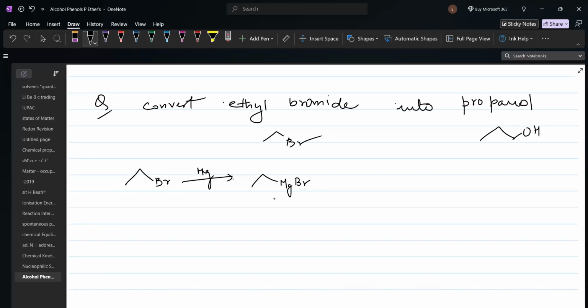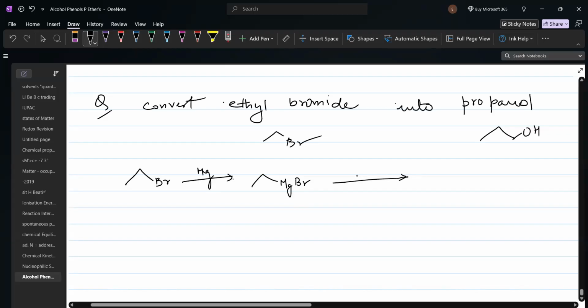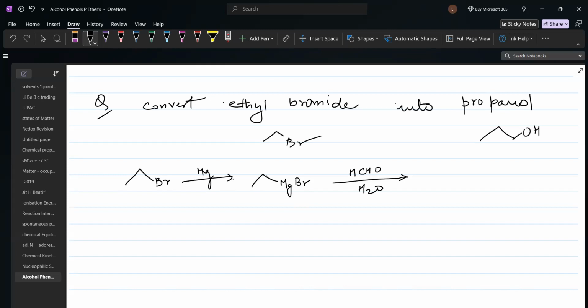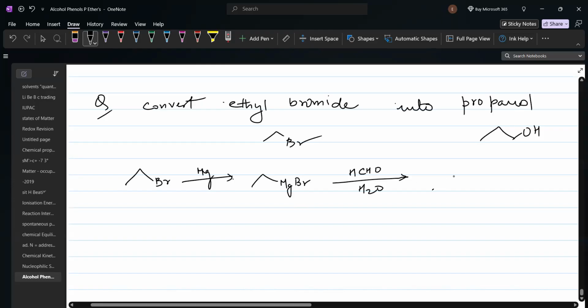So I think you will get that when we use HCHO and water, what will happen? This CHO will become alcohol, COH, and this one will be attached. So one more carbon will be attached. This one will be the final product.